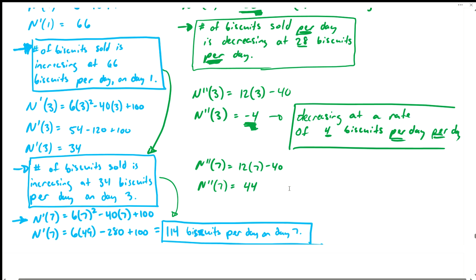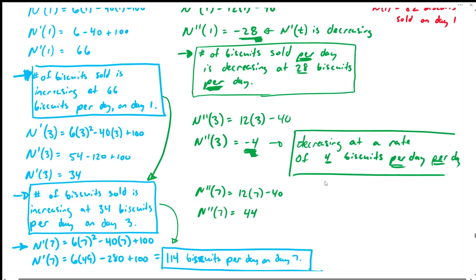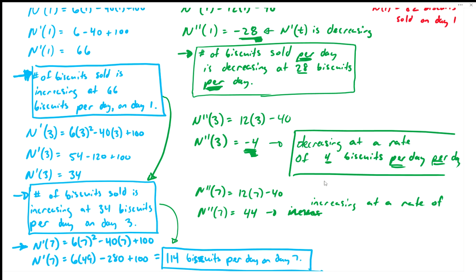So it looks like as more time progresses, let's still write it like this real quick. Increasing at a rate of 44 biscuits per day per day.